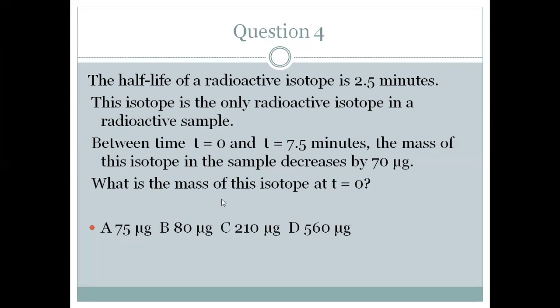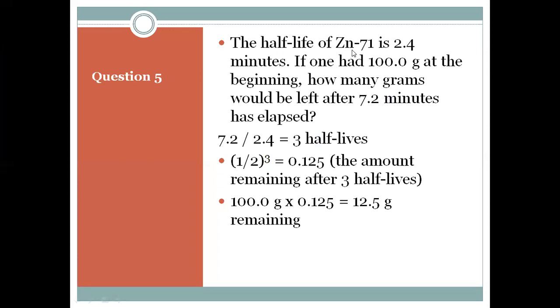Okay. Now next question. The half-life of zinc 71 is 2.4 minutes. If one had 100 gram at the beginning, how many grams would be left after 7.2 minutes? When this time is elapsed, how many half-life periods have passed? Total time divided by half-life, this is another formula which you should know.